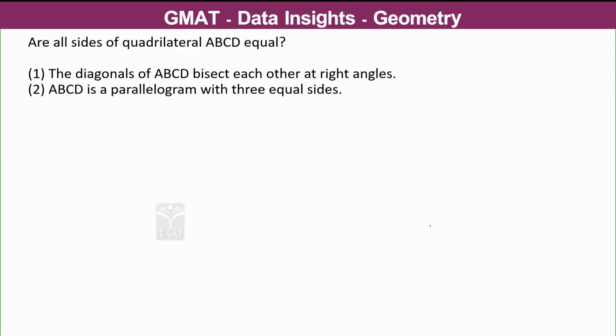Are all sides of a quadrilateral ABCD equal? Okay. So, they are asking us whether the sides of the quadrilateral ABCD are equal. This first statement is telling us that the diagonals of ABCD bisect each other at right angles. If the diagonals bisect each other at right angles, then the only possible figure is either a rhombus or a square.